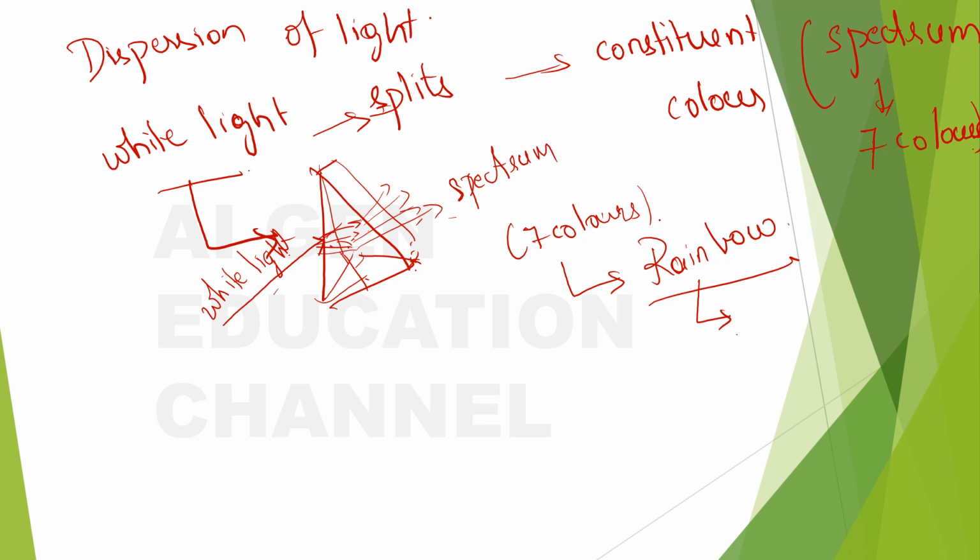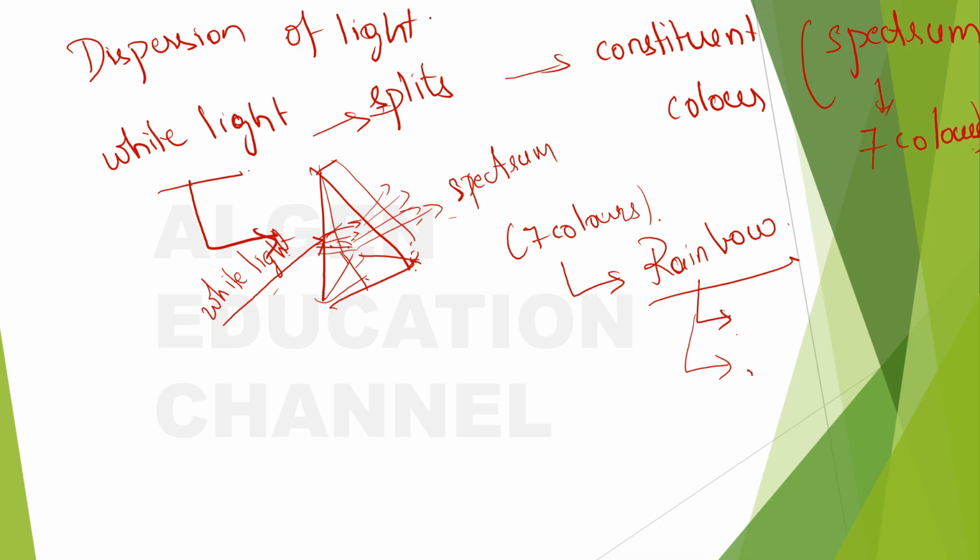I don't think you will have anything with regard to academics about these details of the rainbow, but I want you to understand how the rainbow is formed, so that the concepts of dispersion of light and total internal reflection of light will be clear to you. As far as academics is concerned, you just have to know the names and what happens with regard to the rainbow. That's more than enough.